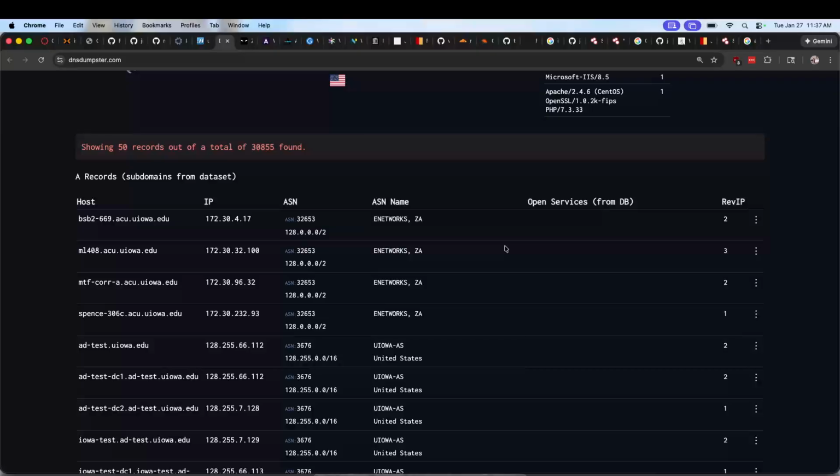Maybe this is a little bit unique to uiowa.edu, that academic institutions tend to have all sorts of subdomains, being very early to the internet, where everybody gets a slice of the domain.